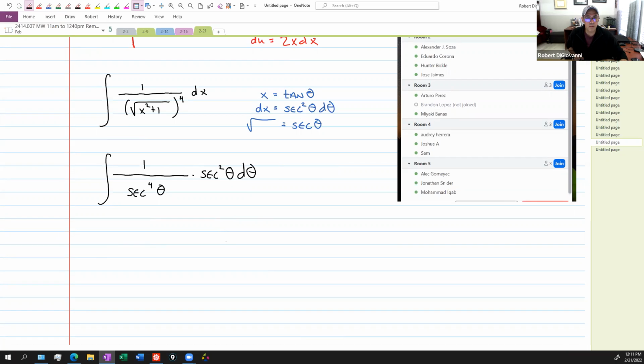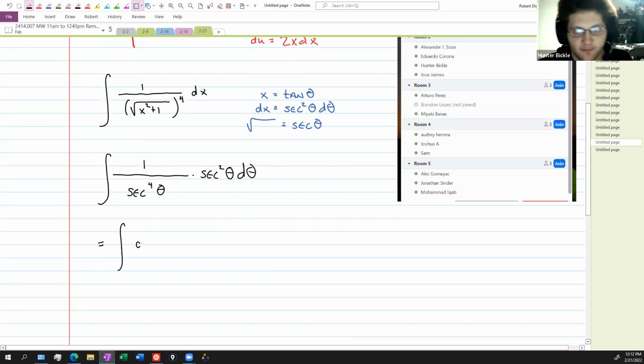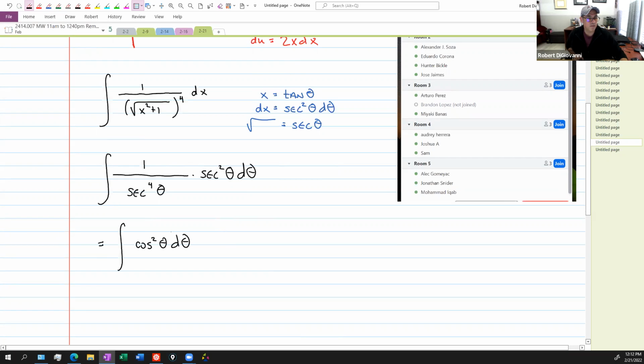But 1 over secant squared is really what? Cosine squared. And we know how to do cosine squared, right? We just power reduce it. So this becomes integral 1/2 1 plus cosine 2 theta d theta.